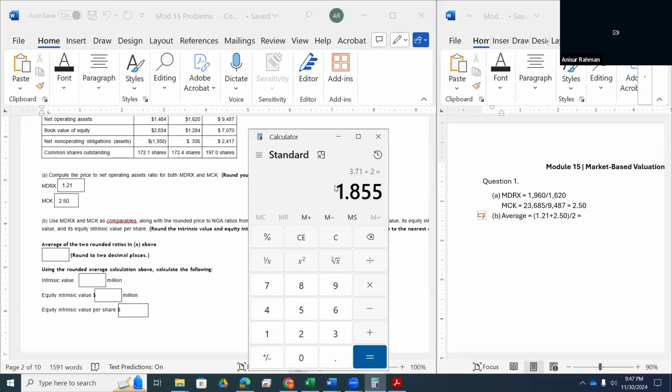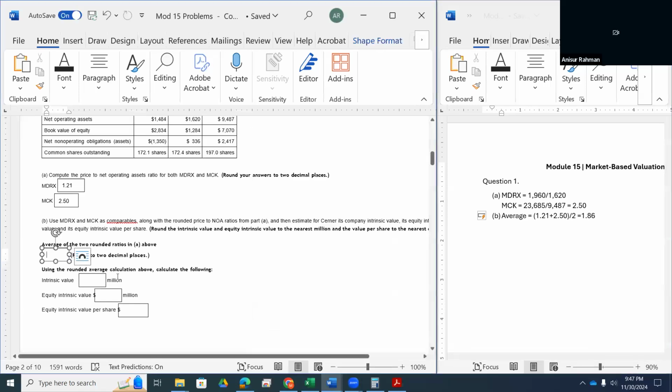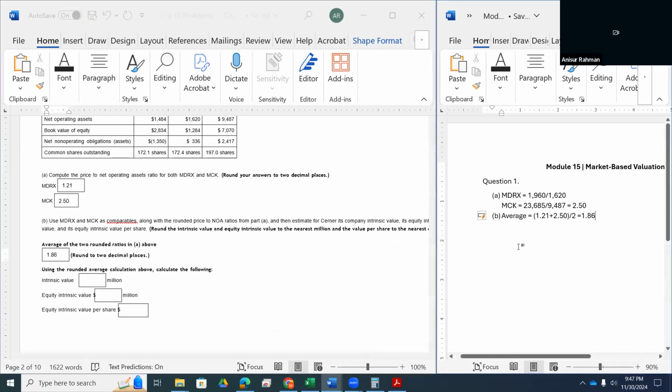So 1.86, rounded to 2 decimal places. And then we have to find out the company intrinsic value. So total value of the company, not only the equity. The second question is equity intrinsic value, second part. And finally, equity intrinsic value per share.